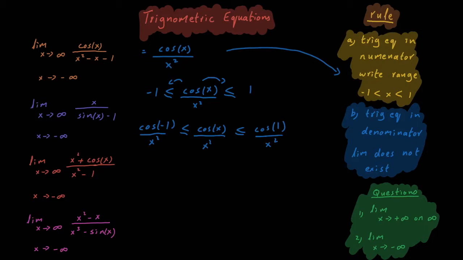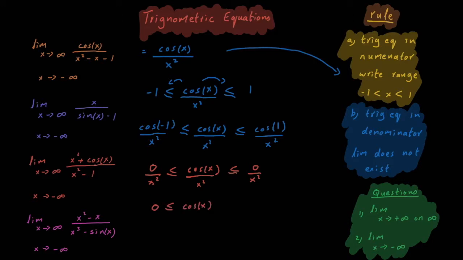Now from our trigonometric identities, I know that the value on the left is -1 divided by x squared, and the one on the right is 1 divided by x squared. As x grows very large, each of these becomes 0 divided by x squared. Now anything divided by a very large number is simply 0.